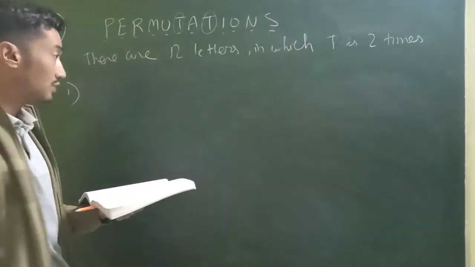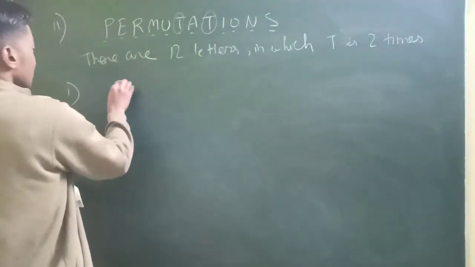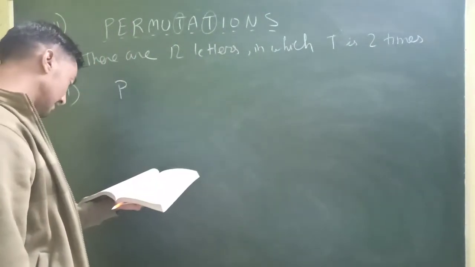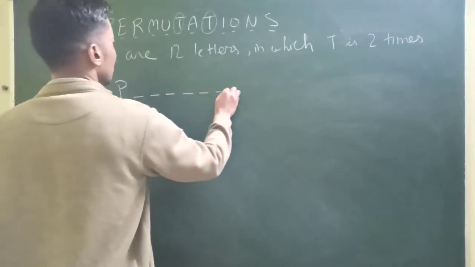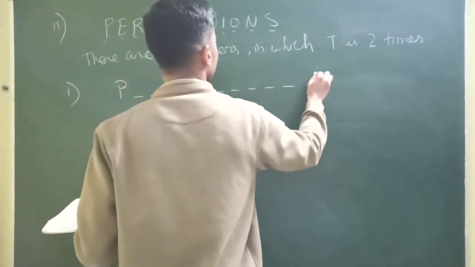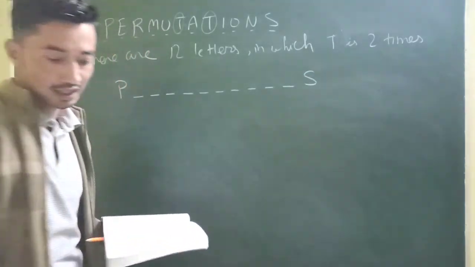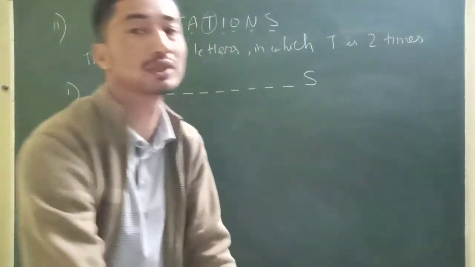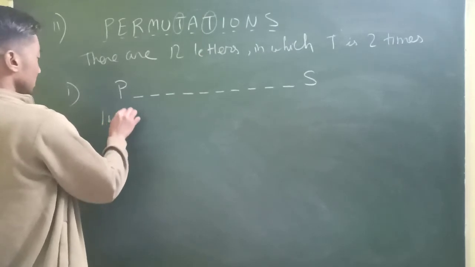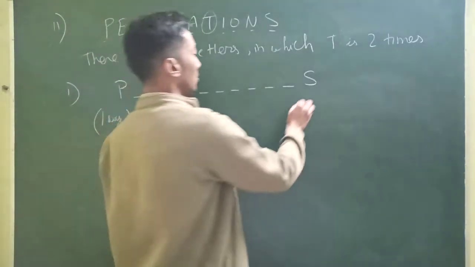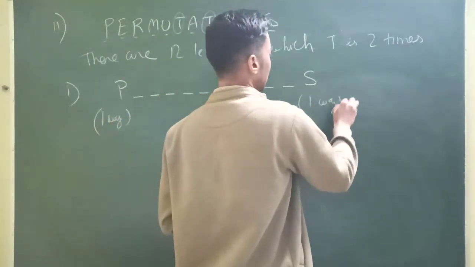The word starts with P and ends with S. Permutations. Now that's fixed. We can't do anything with that. P can be done only in one way, and S can be done only in one way, because we have only single letters.